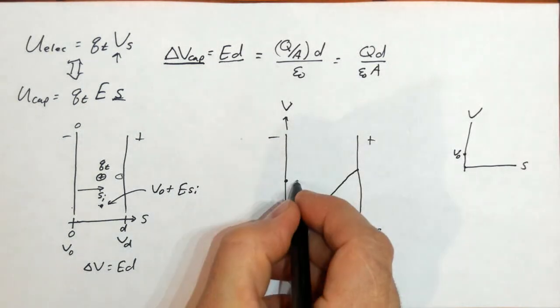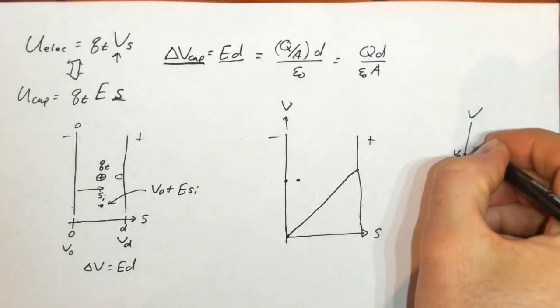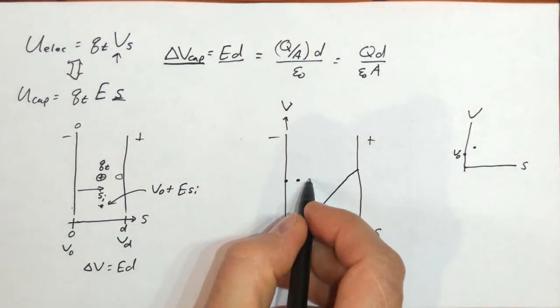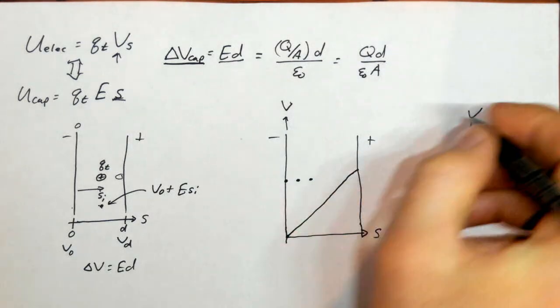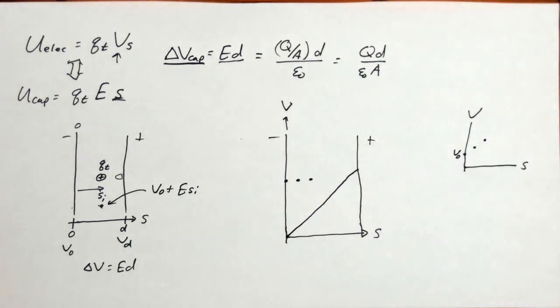Well, what if I go a little bit further across? It has now grown some amount of E times that little bit of S. What if I take another step? That's going to grow the same amount because it's a constant growth, and so on and so forth.